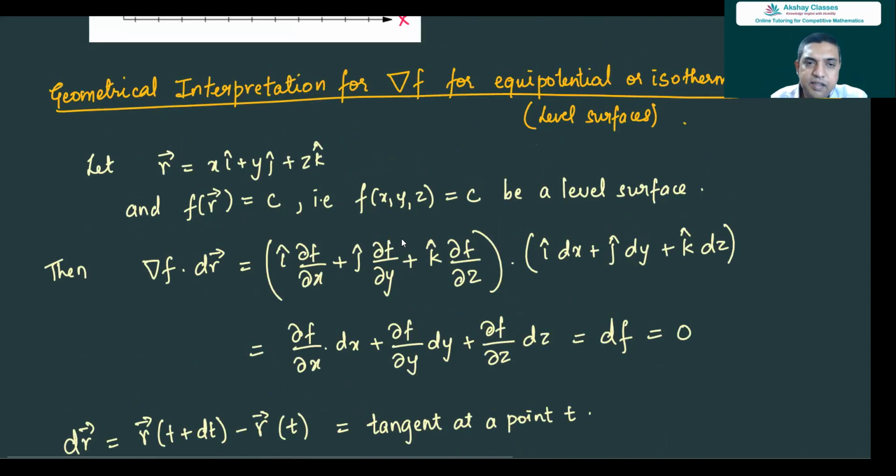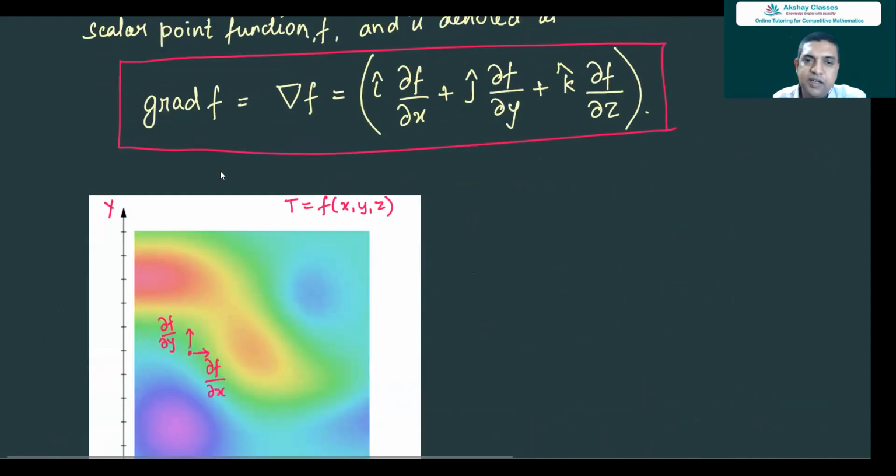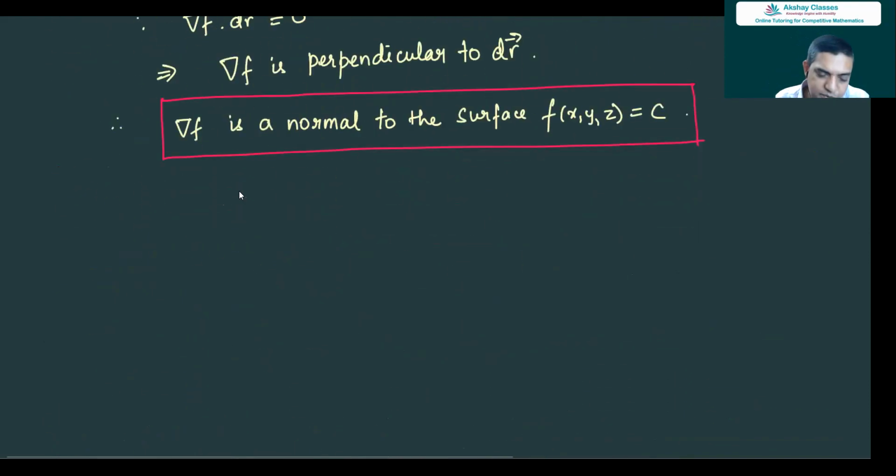Other than that, grad actually represents the variation of a physical quantity, which is a scalar. So grad f represents a variation of a physical quantity in terms of x, y, and z directions, a combination of that.